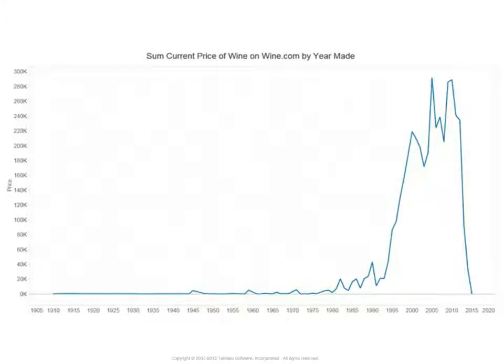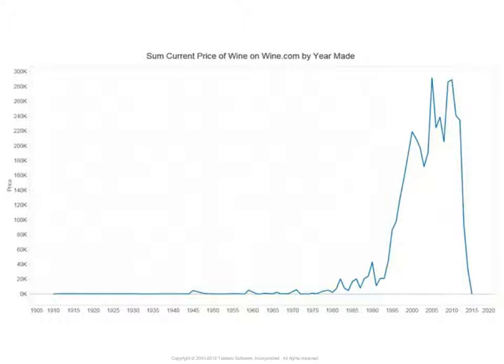And when I looked at the trend line, I was very puzzled by it at first, and then suddenly realized that this line is showing the sum of current price of wine on wine.com. But that sum, the simplest aggregation you could imagine, is actually misleading for this data because, in fact, summing up the different wines on wine.com doesn't make any sense.